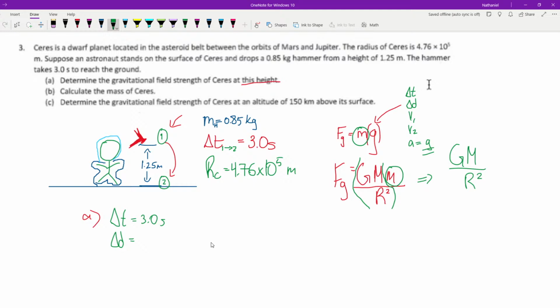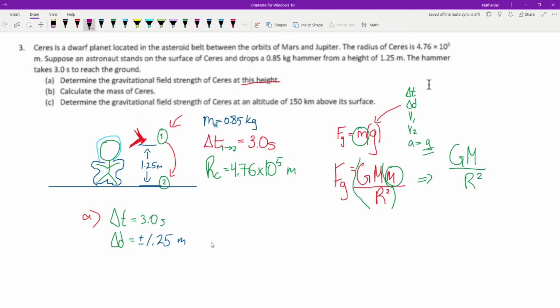What do we want to make it? Positive or negative? What would your instinct be? If you're out there, think about it. Positive or negative? It is going to be 1.25, the difference in displacement. But the question is, where do you put your h equals 0?